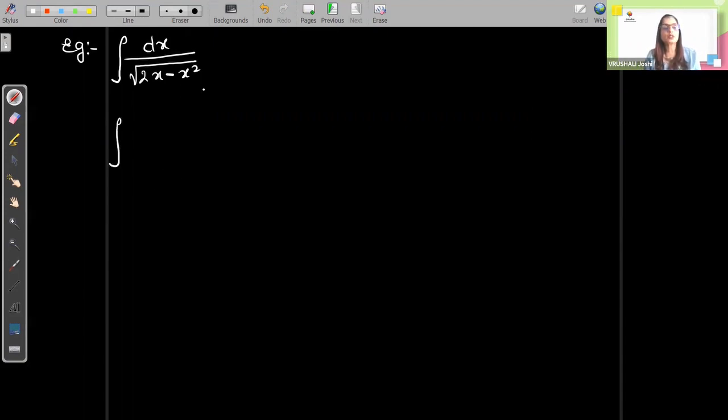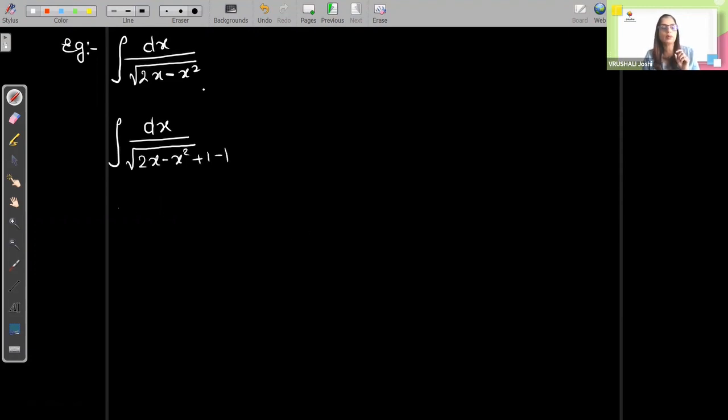So just pay attention. This is dx by, in the denominator, it has to be x square minus a square, or a square minus x square, or a square plus x square. It is not in any of the forms, so we have to bring it to that form. We can write 2x minus x square as plus 1 and minus 1.